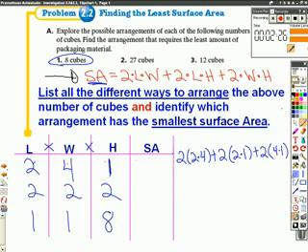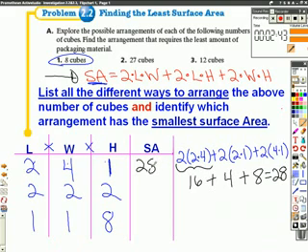When we figure that out, this becomes 16 plus 4 plus 8, and that equals 28. So the surface area for this one is 28, and that's inches squared, because area is always in inches squared.